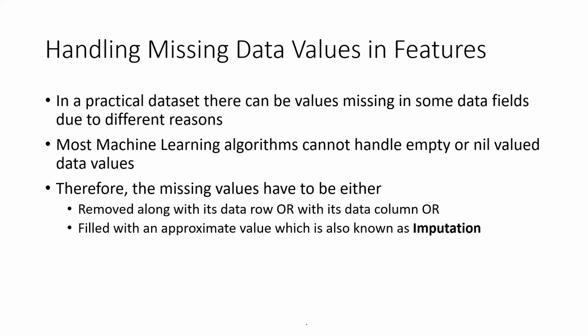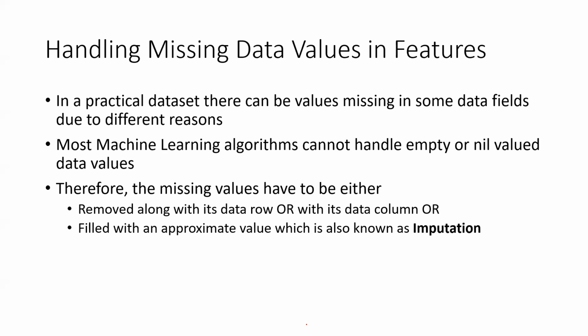Or if you find that there are some data columns that are having a lot of error values or empty values, then you may decide that this feature is not significant, or it doesn't contain enough valuable information because most of the information is empty. Then you can remove the entire column or the entire feature, right?